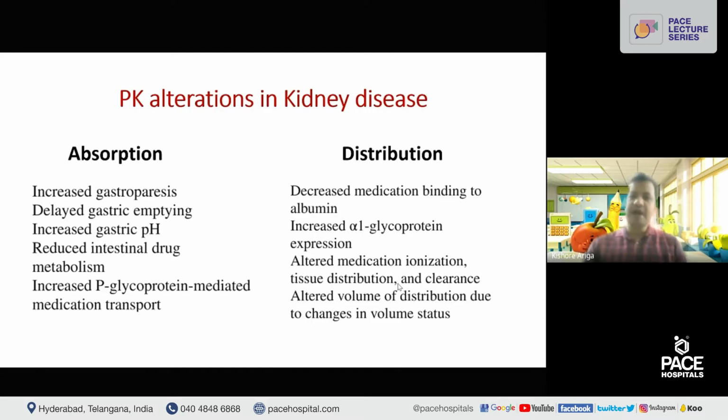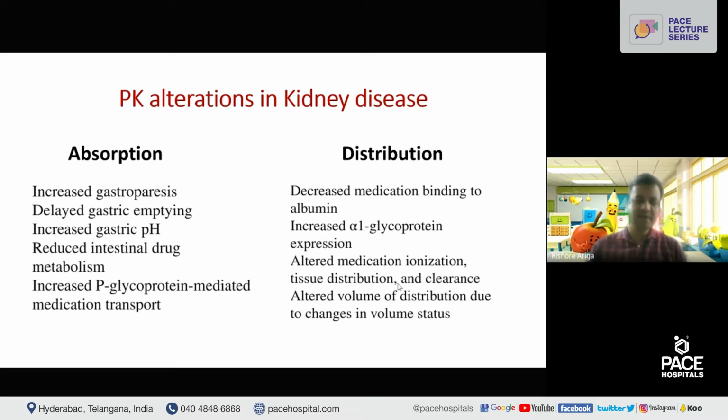So what are the alterations in pharmacokinetics which can happen in kidney disease? First, if we take absorption, normally in patients with kidney dysfunction, there is increased gastroparesis and delayed gastric emptying, because of which there may be abnormalities in drug absorption. And also there is increased gastric pH.